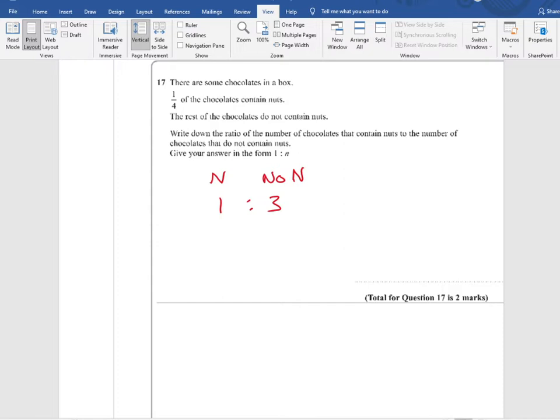In the form 1 to n, well, it's already done for you, isn't it? You don't have to divide anything. So it's simply 1 to 3. Didn't have to do that bit. Saved us a bit of bother.